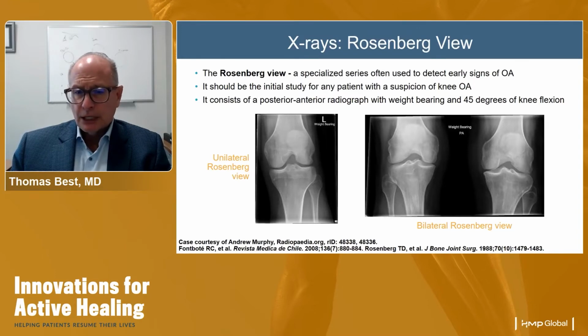The medial and lateral tibial femoral components look pretty normal. However, if we get a weight-bearing film, as we show on the right-hand side, you can now see, of course, the degree of osteoarthritis that wasn't appreciated in a non-weight-bearing position. Now, people have different ways of getting these examinations, but typically when weight-bearing films are obtained, they're obtained in 45 degrees of knee flexion.